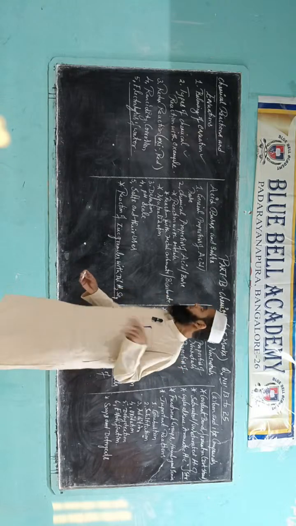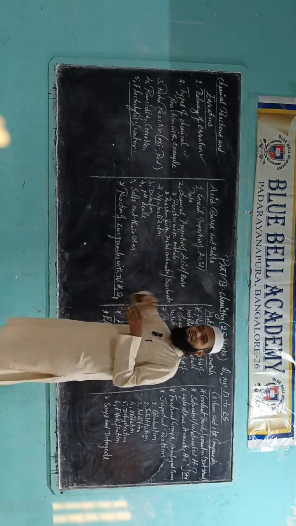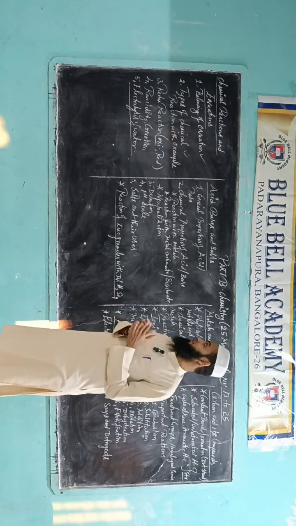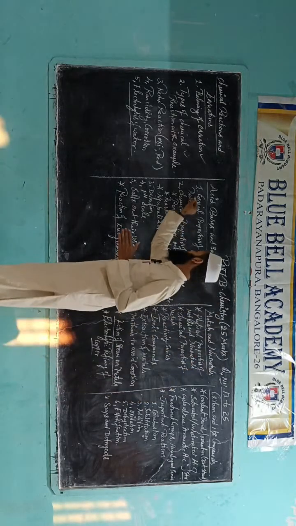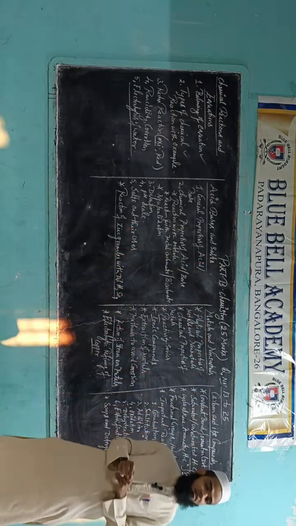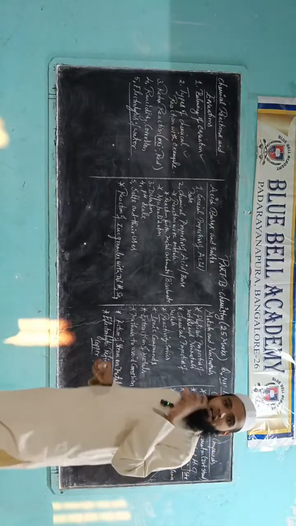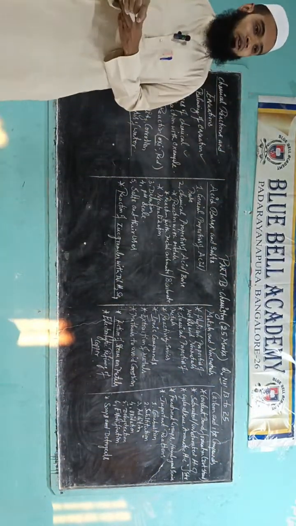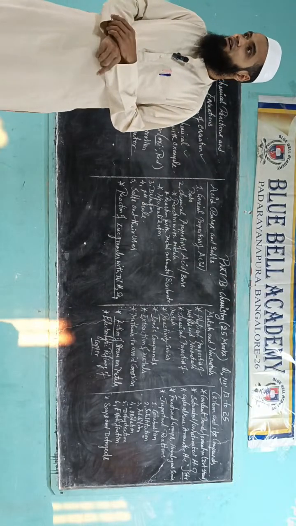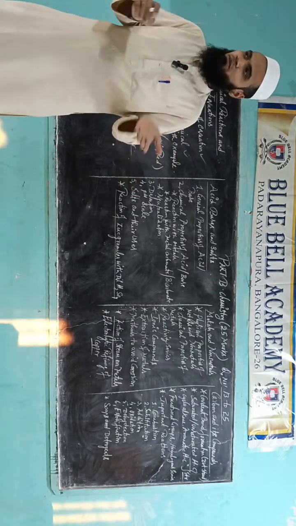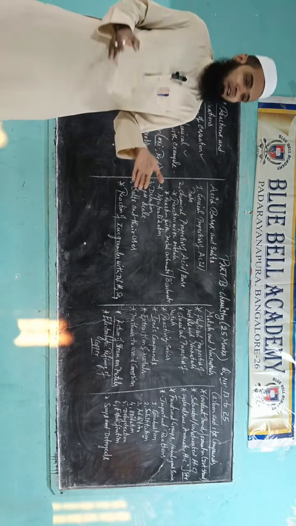Then we come to the second chapter of chemistry, acids, bases and salts. The first topic is the general properties of acids and bases. I have gone through these general properties because in the model paper we found a few questions like: acids turn which litmus paper into which litmus paper, and bases turn which color litmus paper into which one.